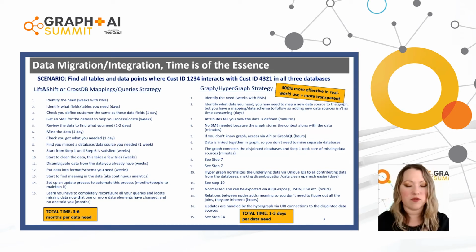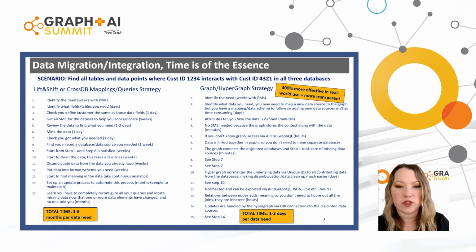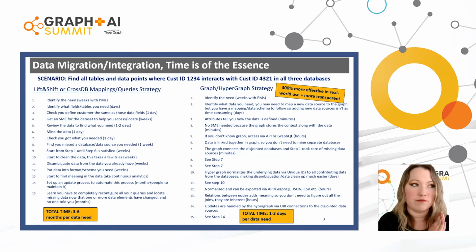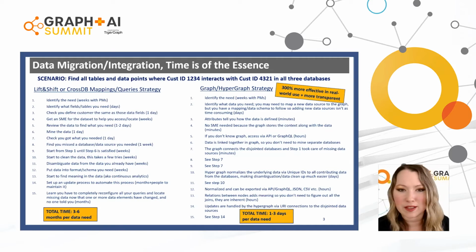I will also say from my own personal experience that one side is definitely going to take a significant amount of time if you're doing a giant data migration. This can really change from a multi-year project, 2 years in the case that I'm familiar with, versus doing it in a matter of 9 months, which is what happened when we switched to a graph solution for the migration.